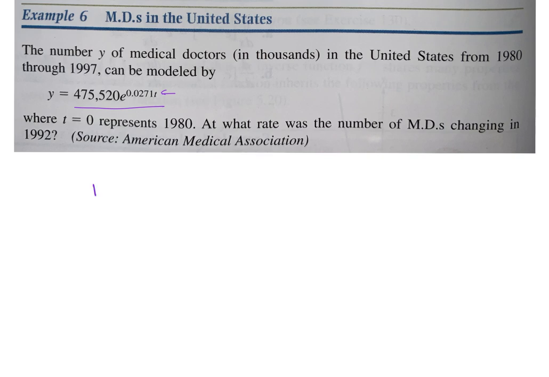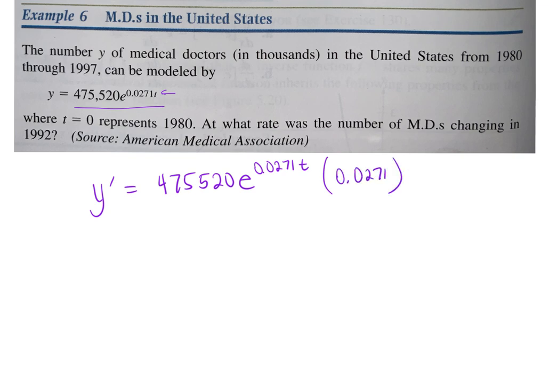So if I'm taking the derivative of my y, it's going to be my original 475,520 e to the 0.0271t, that's big, times the derivative of that exponent. Well, the derivative is just my coefficient, 0.0271. All right, that's my derivative.